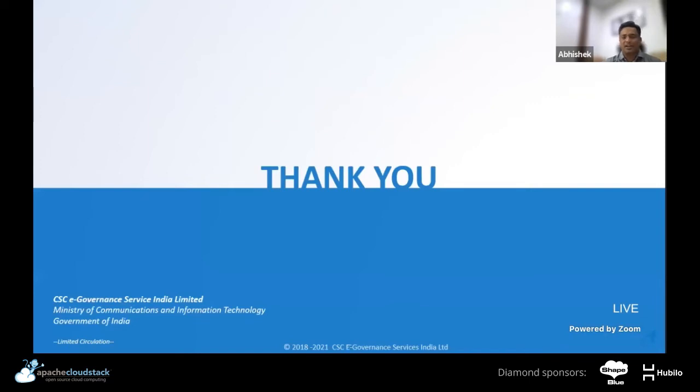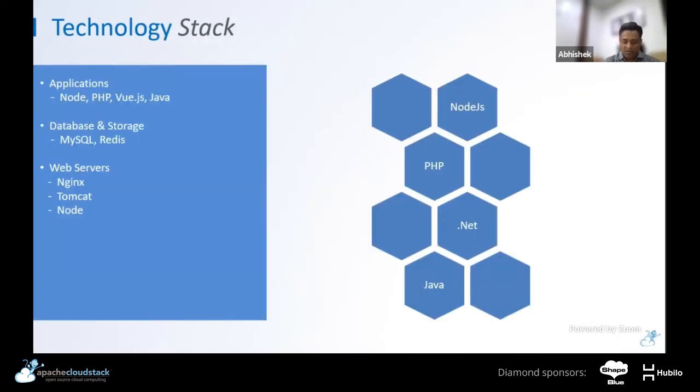And the application, I thought that the infrastructure does perform a lot. It's very important that the infrastructure performs, but equally important is how we design our applications. So most of the applications are again open source software platforms, and we use Node, PHP, Vue.js, and Java for most of our application offerings here.